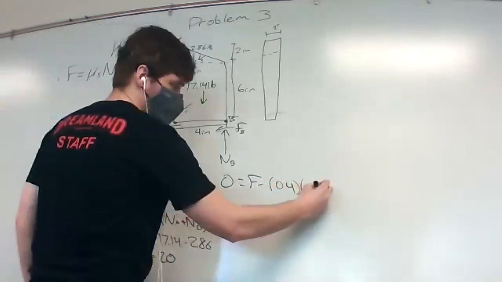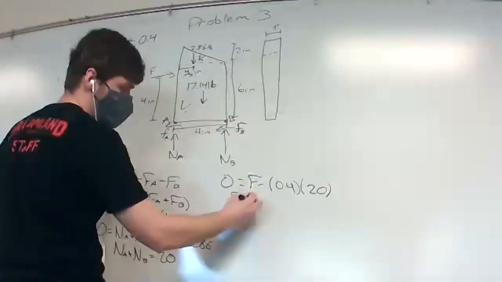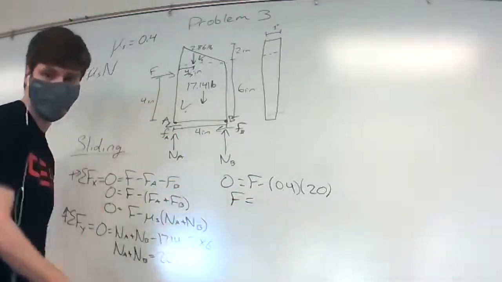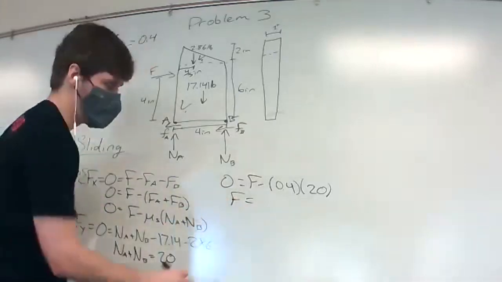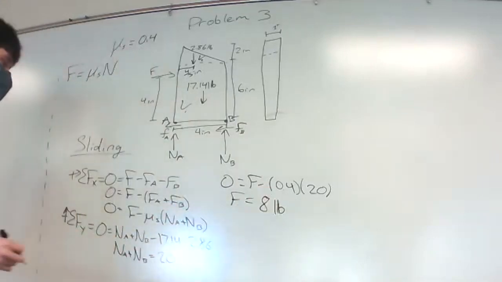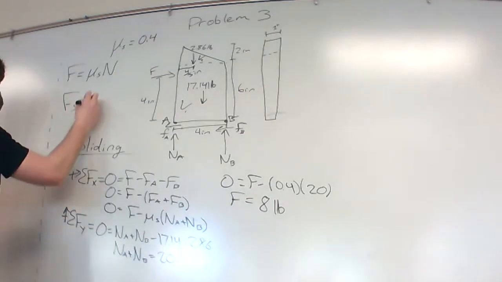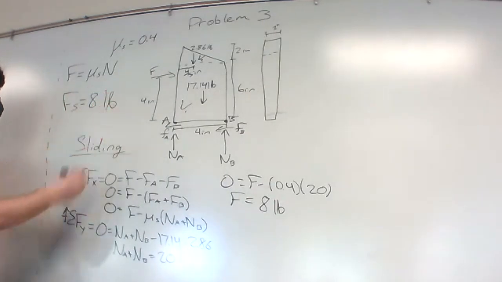Looking at our equation, that's it. So we know that F is equal to 0.4 times 20. So F must be 8 pounds. And we found our F for sliding. So our F sliding is going to be equal to 8 pounds.